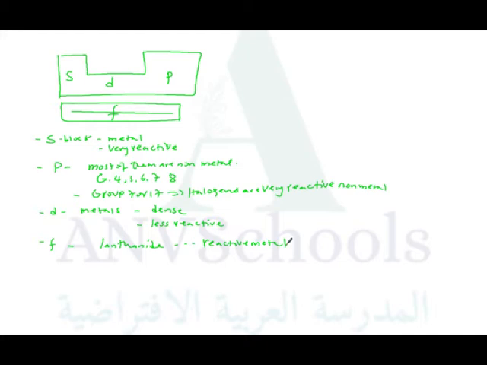So let's take one example as a summary. Describe whether each element is highly reactive or low reactive. So I have this element, xenon 4f14, 5d9, and 6s1.